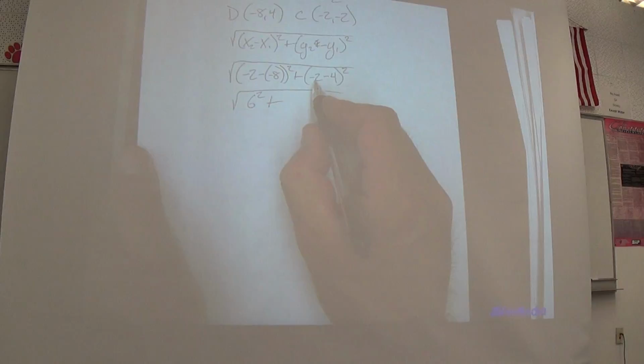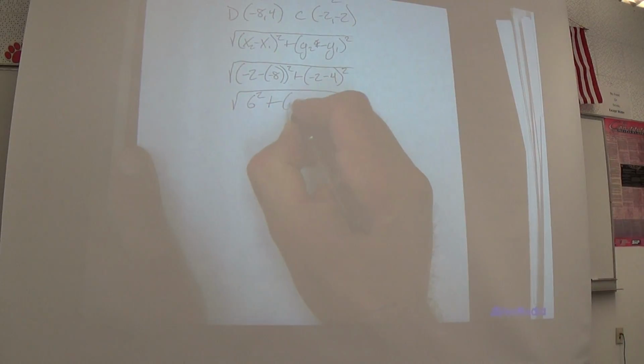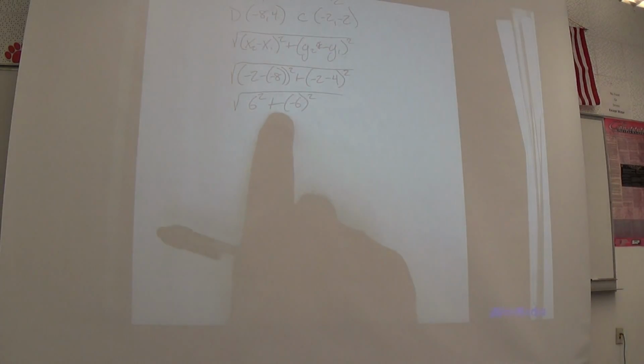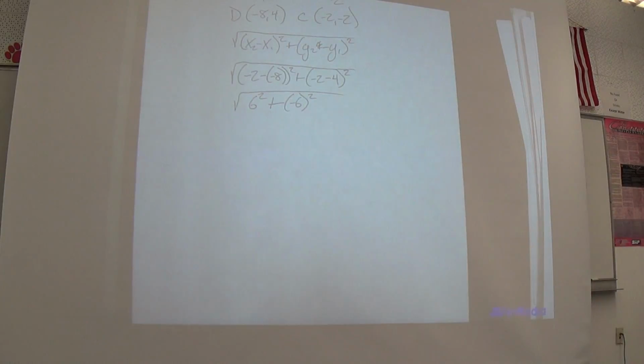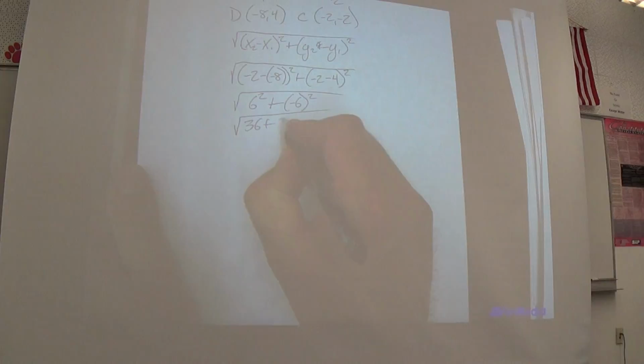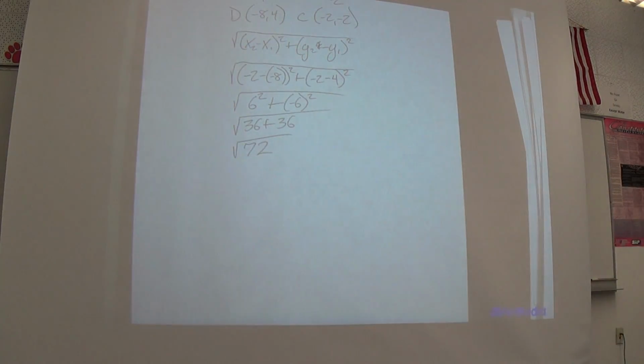And you have -2 minus 4, that's -6 squared, and you just added those two together, right? The problem is, this is one more step you had to take, because this is 6 squared and this is -6 squared. So this is actually the square root of 36 plus 36, which is the square root of 72.